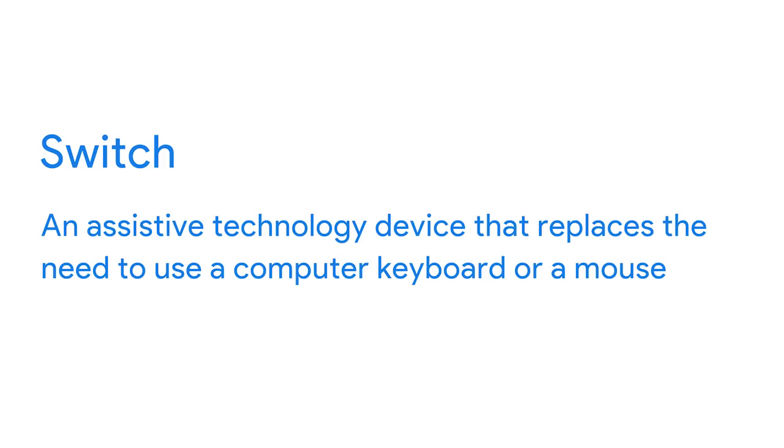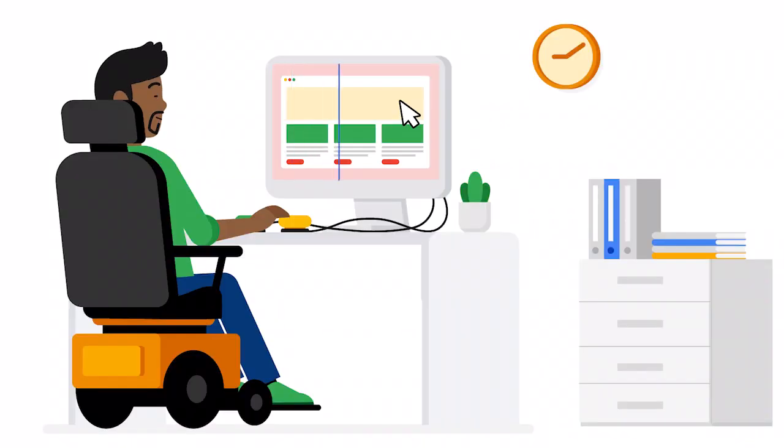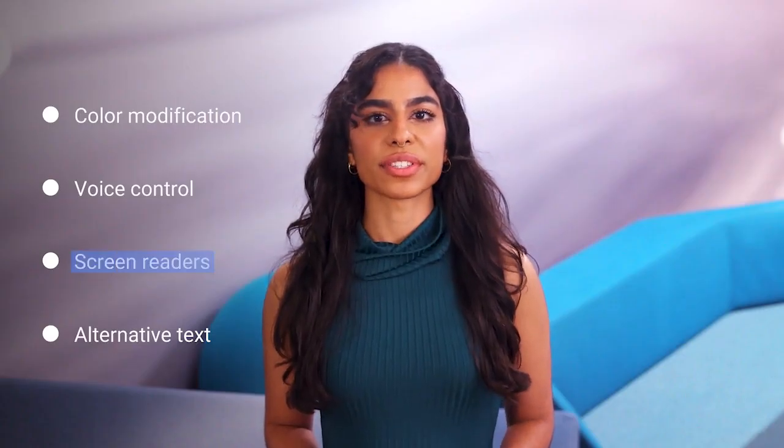A switch is an assistive technology device that replaces the need to use a computer keyboard or a mouse. Switch devices can allow users to control technology, like a computer or smartphone. There are a lot of different kinds of switch devices, but they all help people with limited motor ability use technology more easily.